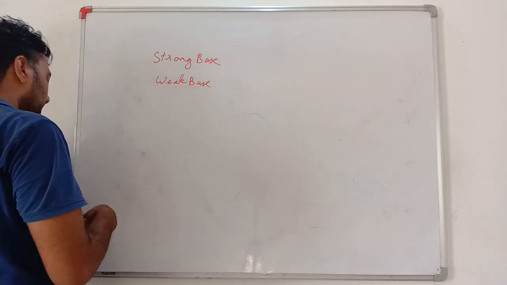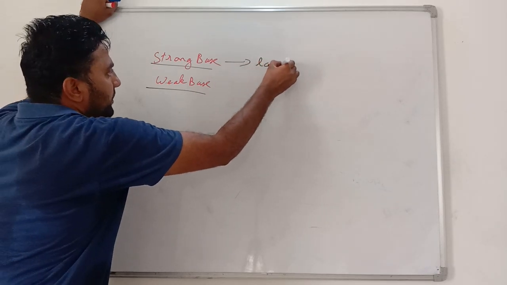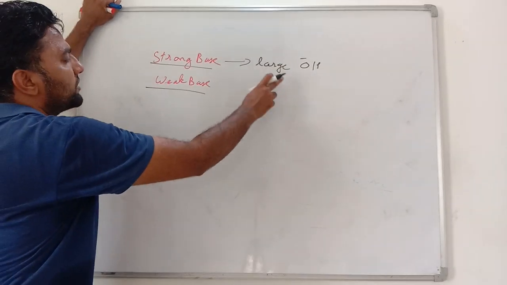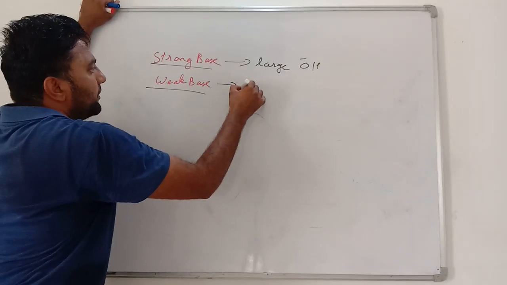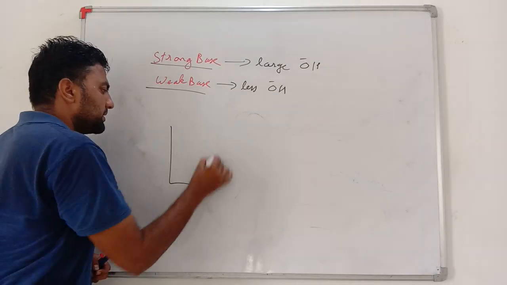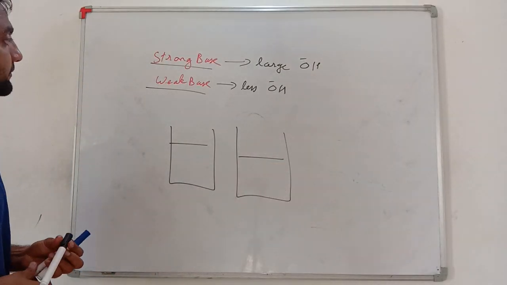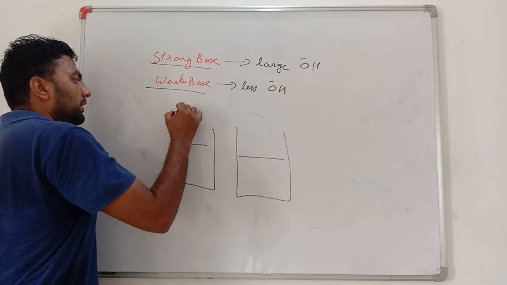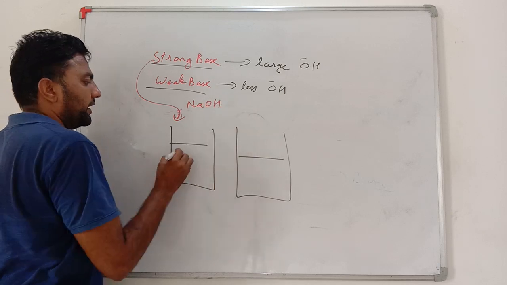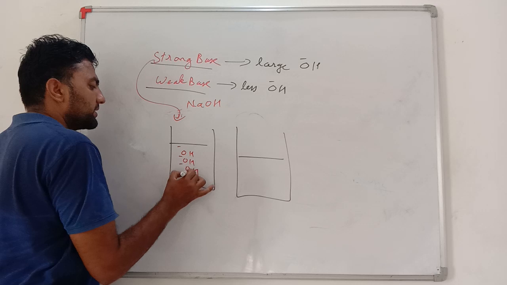See, my dear student, both the bases, whether strong or weak, give us OH minus ions. But if any base is dissociating a large number of OH minus ions, it is a strong base, and if any base is dissociating less number of OH minus, then it is a weak base. Okay, very important. If a strong base is being added, for example sodium hydroxide, it gives many OH minus ions.